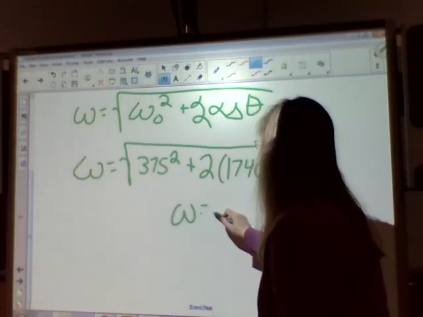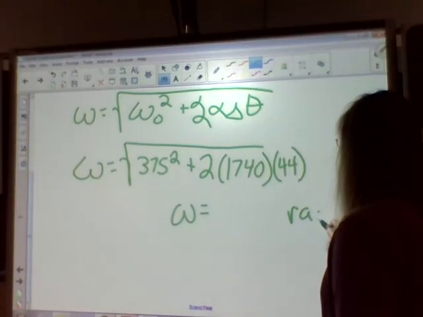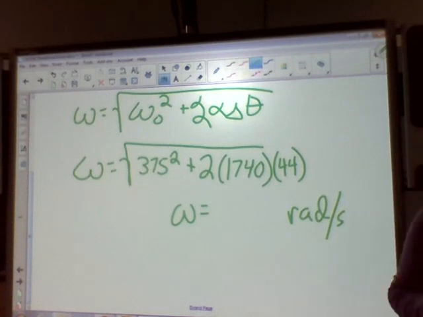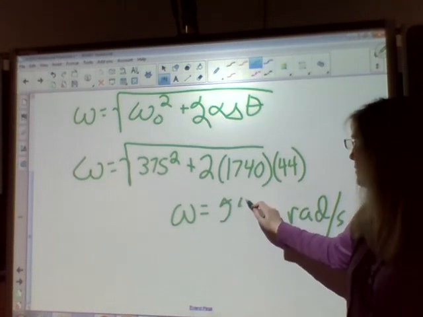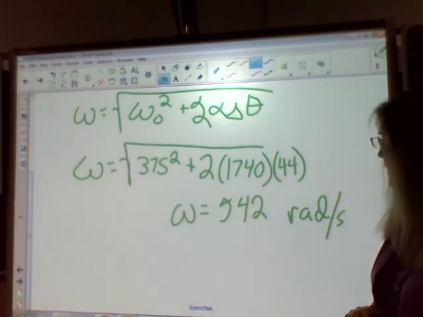And finally get an answer for omega. And when you plug all of that into your calculator, hopefully you get 542 radians per second.